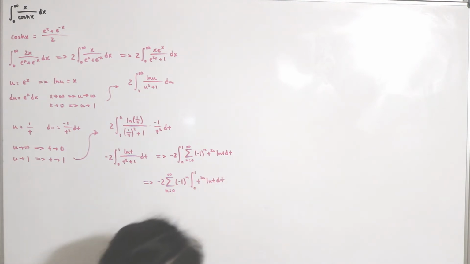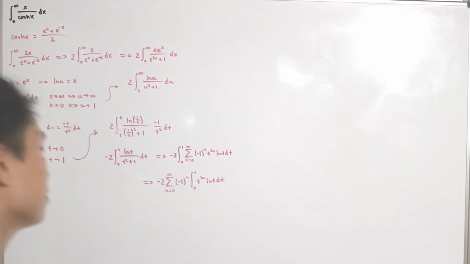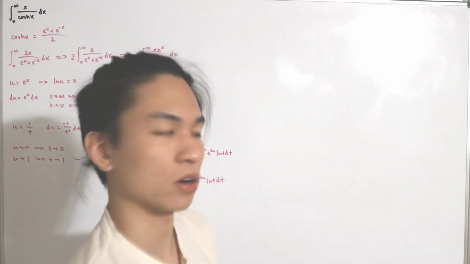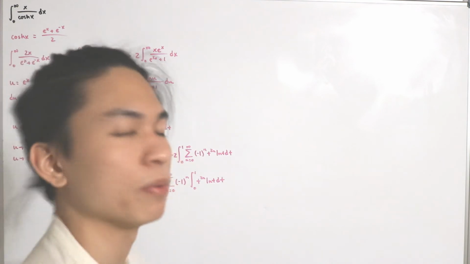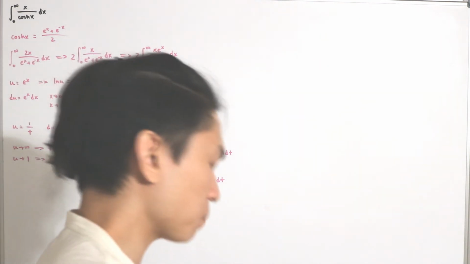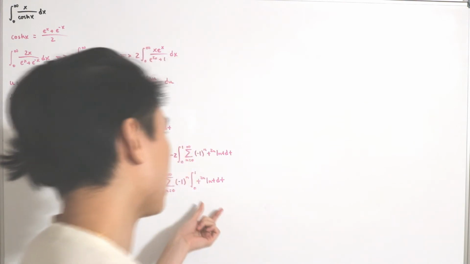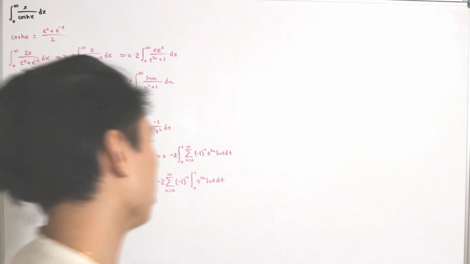Okay. So now, everything from here is going to be simply doing integration by parts. Yes, this is exactly what we did from a couple videos back. So I'm going to use integration by parts to evaluate this integral in particular.